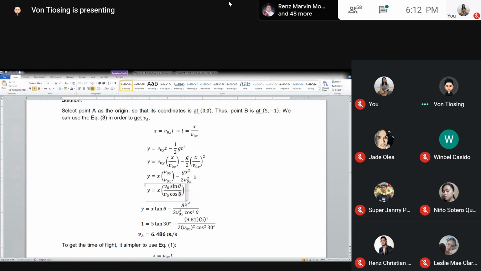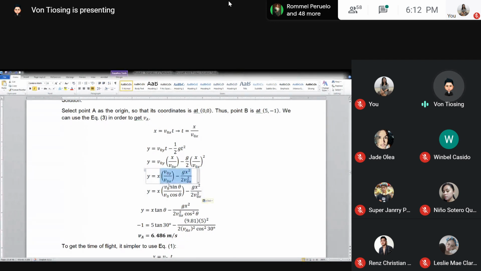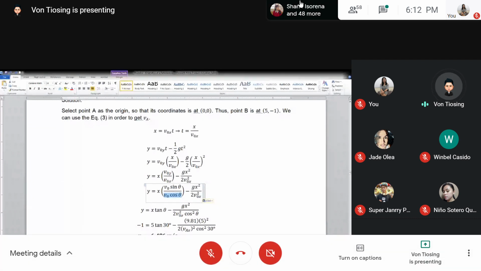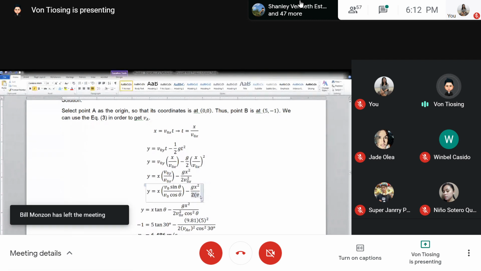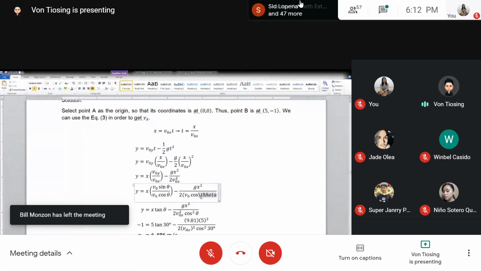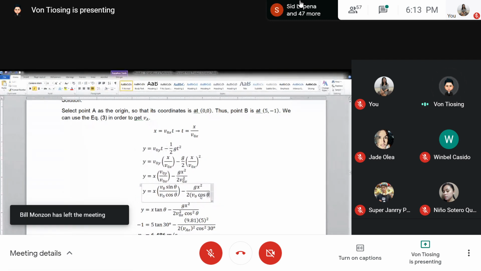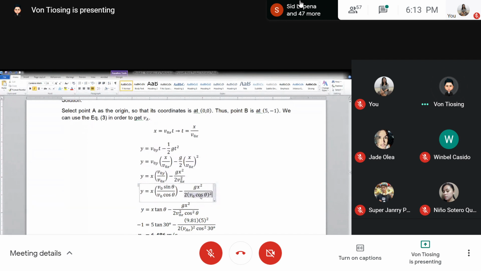Okay? Minus this one. And then take note that if we replace v naught x by v naught cosine theta, I will replace this also. Okay? Ng ano? V naught cosine theta squared. Okay? Then, if you notice, v naught and v naught will be cancelled out.